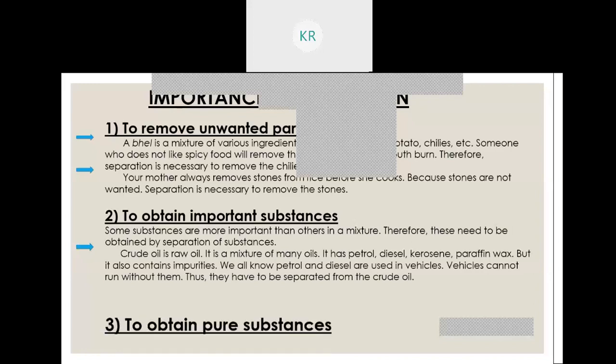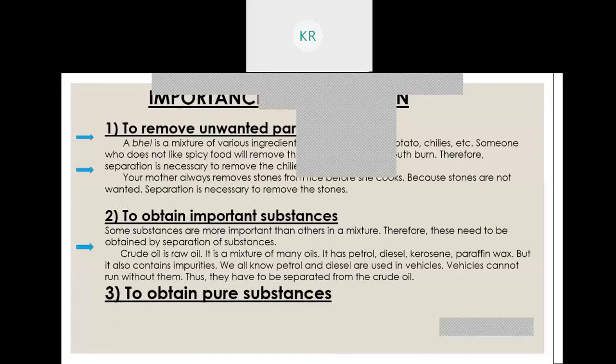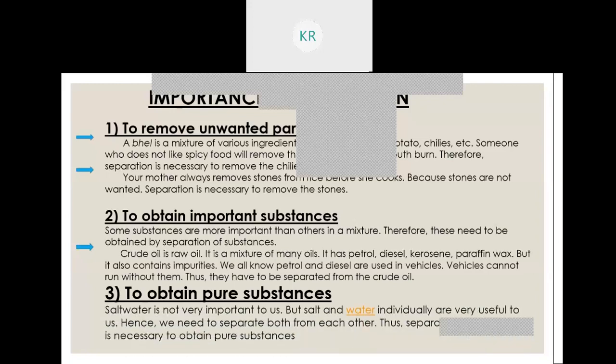Next is to obtain pure substances. Here you can see salt water is not very important to us. We can take the example of sea water. But salt and water individually are very useful to us. Hence, we need to separate both from each other.